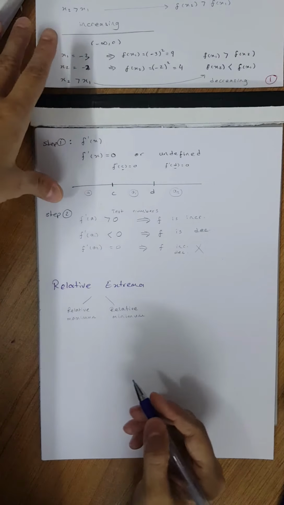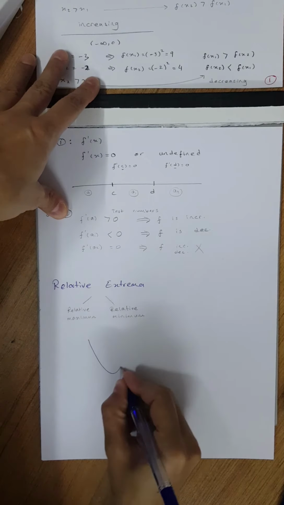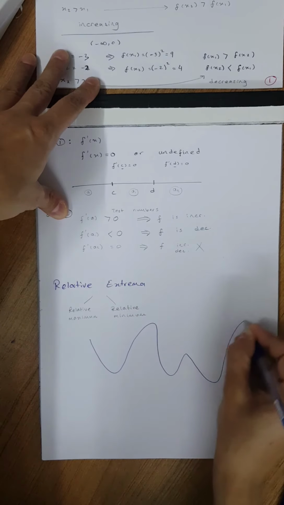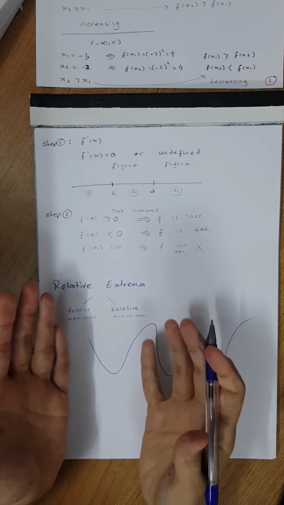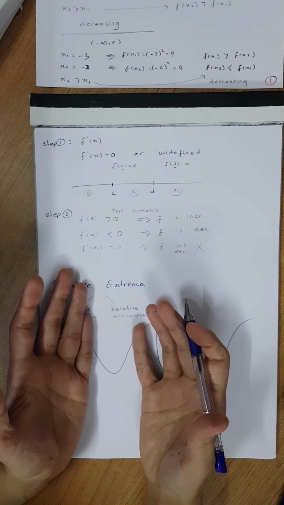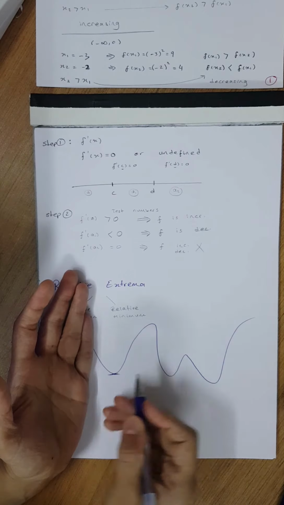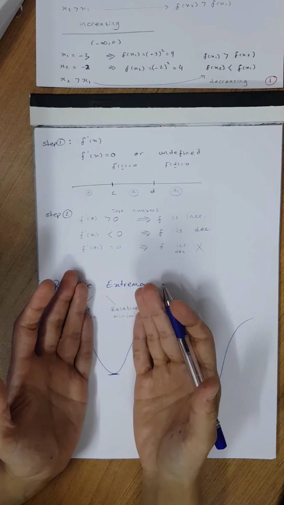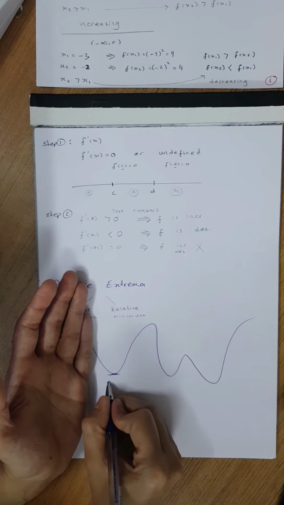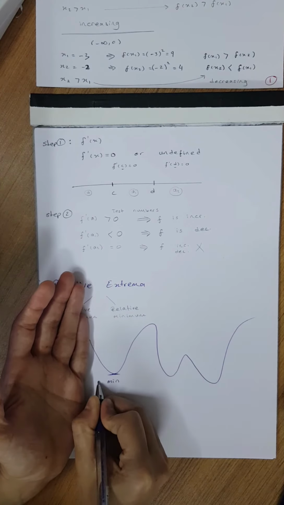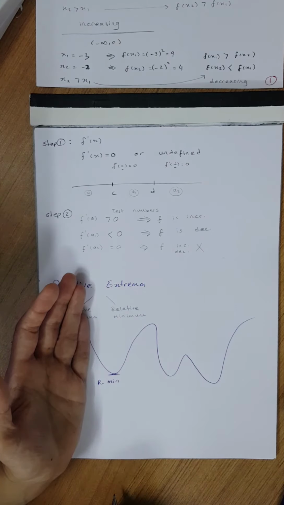What is a relative maximum? What's relative minimum? If I have got something like this one, I'll take that interval. If you see, this point is the minimum point or the maximum point. Of course, it is minimum, so we say that that point is relative minimum.